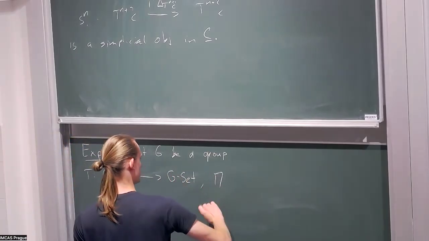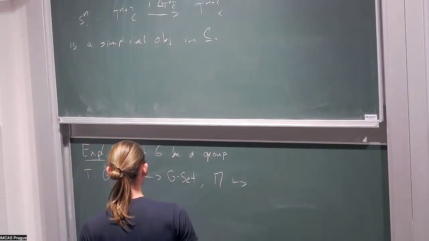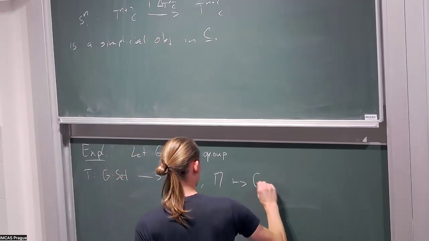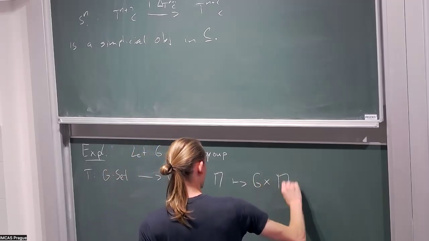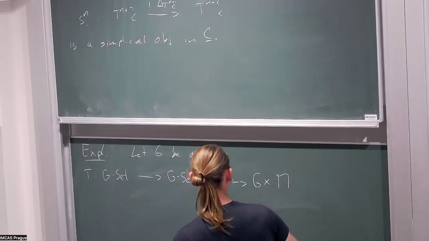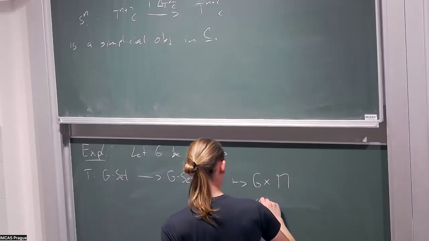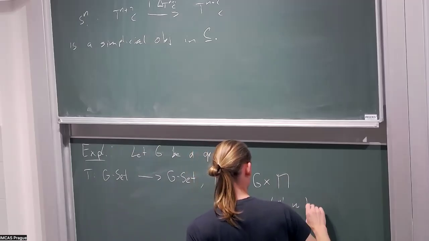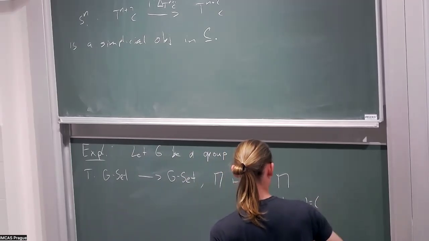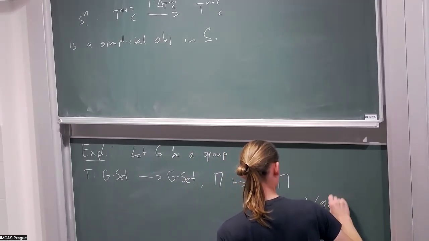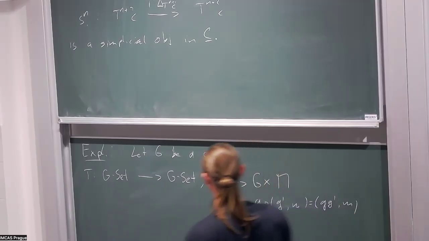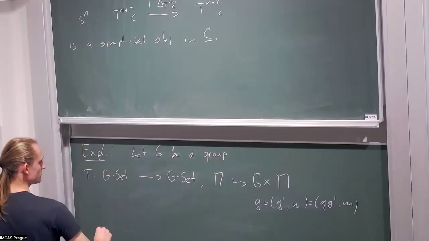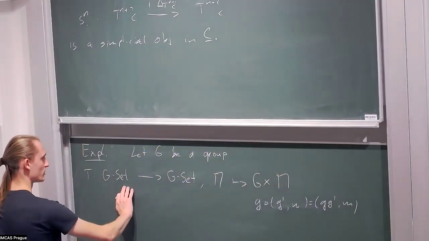So I take any G-set M and map it to the G-set G cross M, where the G action on G cross M is simply given by acting only on the first part. Then I claim this is a comonad.